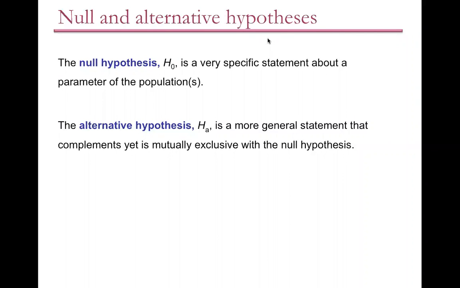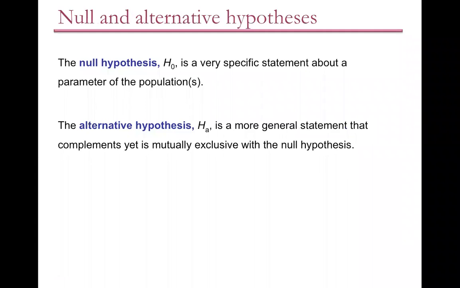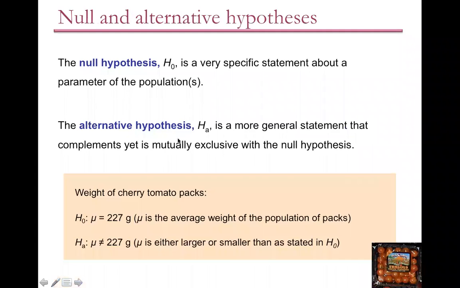The null hypothesis in this cherry tomato case is that, hey, we are packing ½ pound. We are right. The alternative is, no, I think we're packing less than the ½ pound. We don't know, but we think it might be. Okay, so that's the H naught and HA.